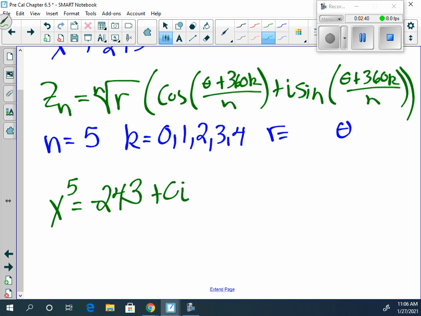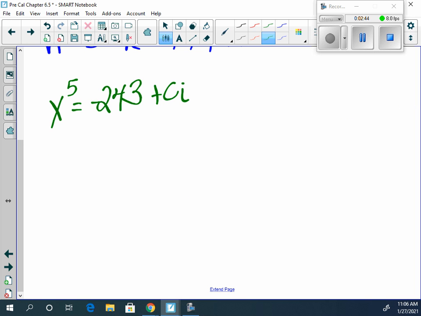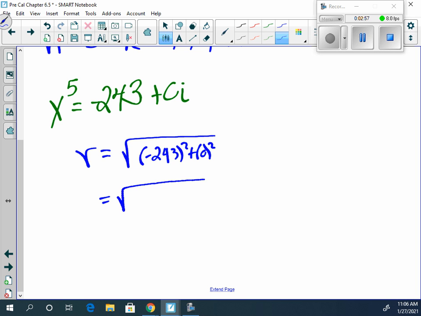Now at this point, to find r, r is equal to the square root of a squared plus b squared, because we would square 243, which would give us a big number, yes?